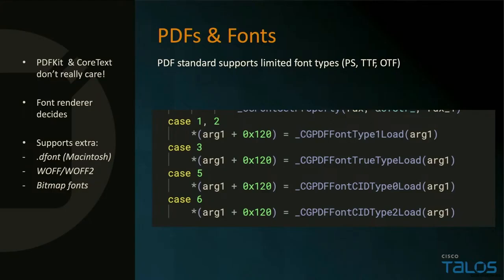So you can shove WOFF2 fonts inside a PDF, which generally shouldn't work, but on macOS it does because the font renderer will actually run the font. This also means you can use ancient fonts, like Macintosh fonts called dfonts. It's interesting that macOS by default won't preview these fonts, but it will happily render them if they're built into a PDF. So you can trigger some really ancient code paths in this PDF renderer just by ignoring or not specifying the correct file type inside a PDF.